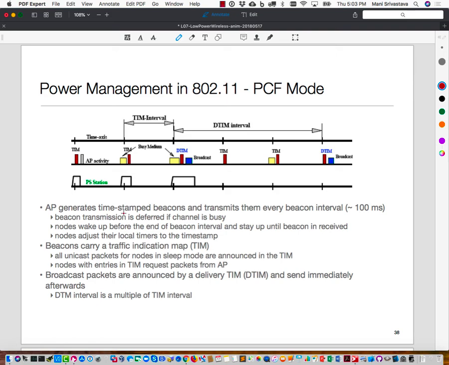But even with all of this, 802.11 is not in the Bluetooth league of power efficiency. It's just not designed for it. The hardware itself, your Wi-Fi radios, are on the order of half a watt to a watt. So they are designed for a very different regime of power consumption than Bluetooth devices tend to be.